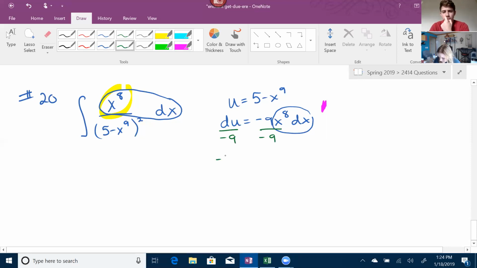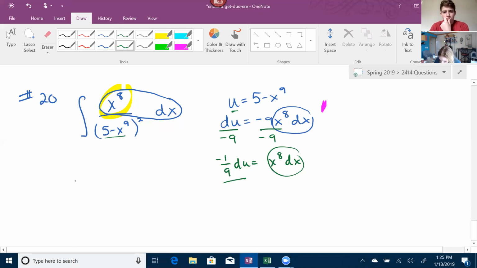So I have negative 1/9 du equal to x to the 8 dx. This allows me to replace x to the 8 dx with negative 1/9 du, and then replace 5 minus x to the 9th with just u.